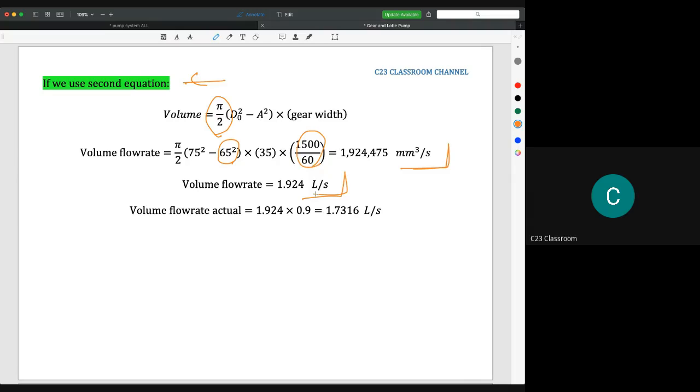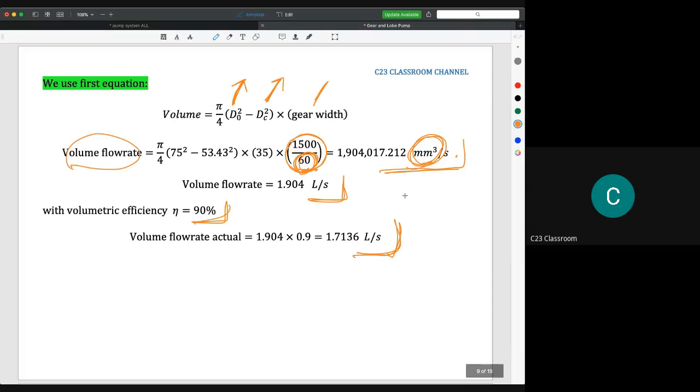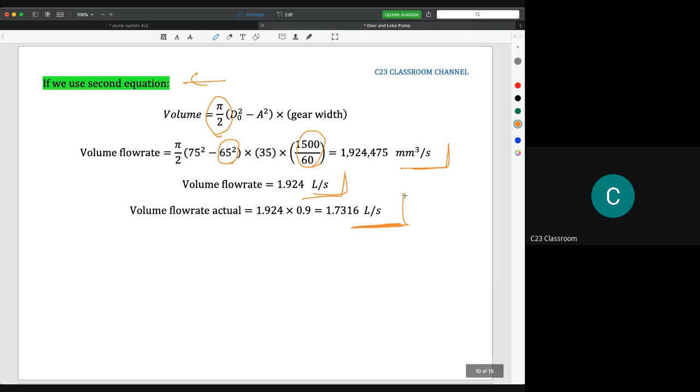If the volumetric efficiency is 90%, the actual is 1.7316 liters per second. If you see the values, they are not very different: 1.71 and 1.73 liters per second. It's quite an acceptable value to estimate the flow rate for the gear pump.